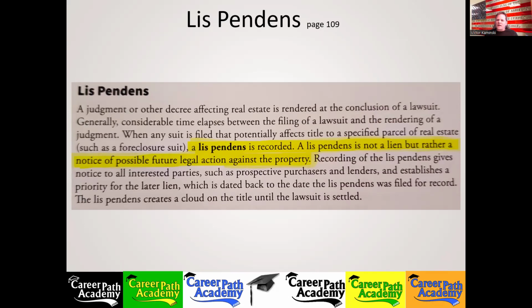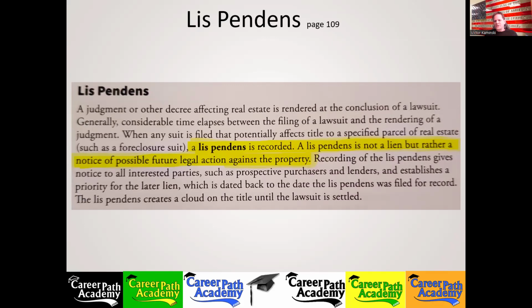So in the meantime, let's say you're behind on your mortgage payments by a month or two, the lender will record a document in the public records that says you owe them money and possible future legal action is pending on this property. That legal action being foreclosure.